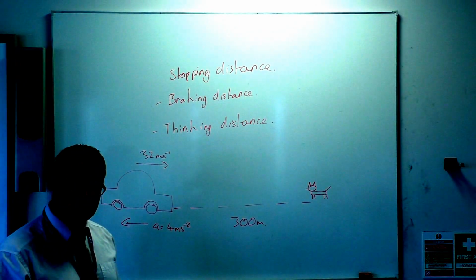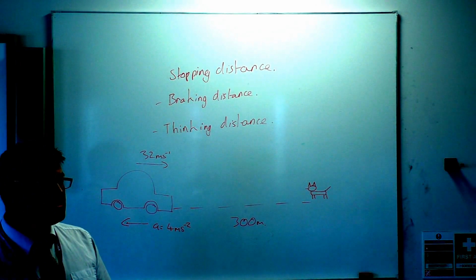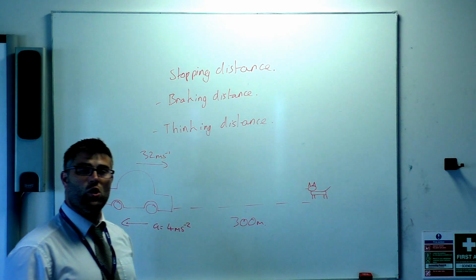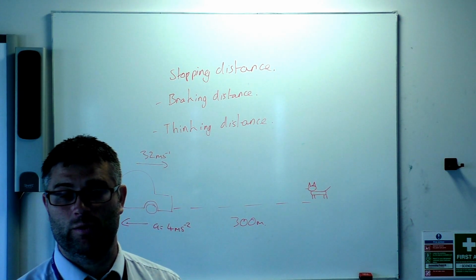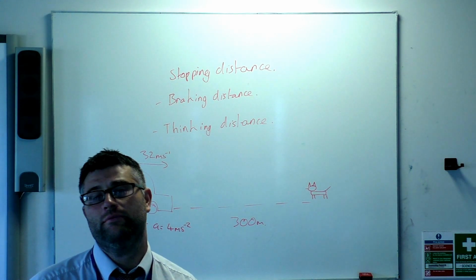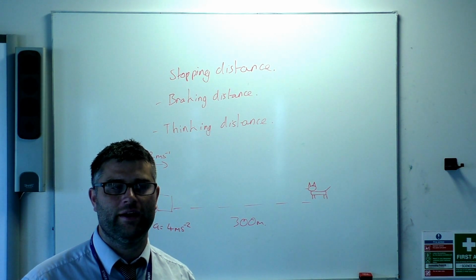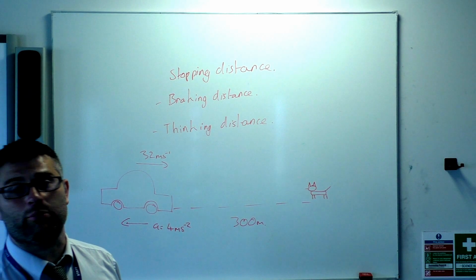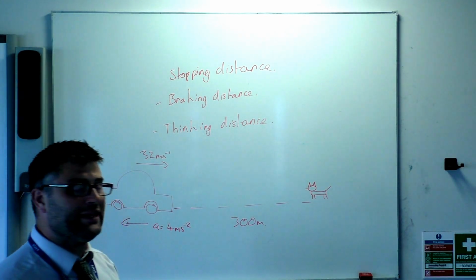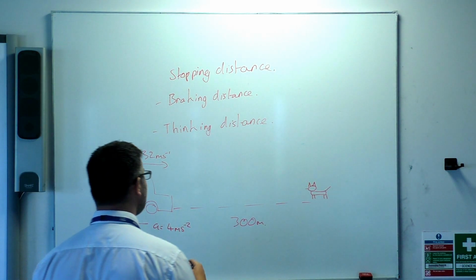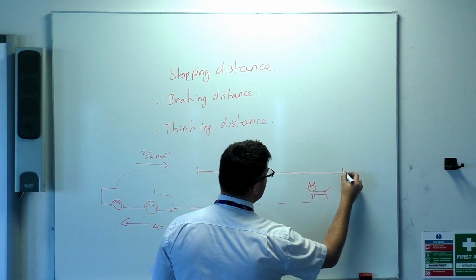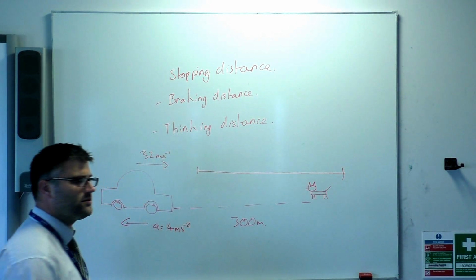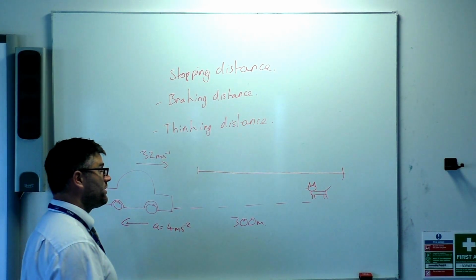Well, the braking distance is the distance that's travelled once you've realised, oops, there's a cat in the road, probably should put the brakes on. So you put your foot on the brake and you start braking. The distance then travelled while the brakes are on is the braking distance.